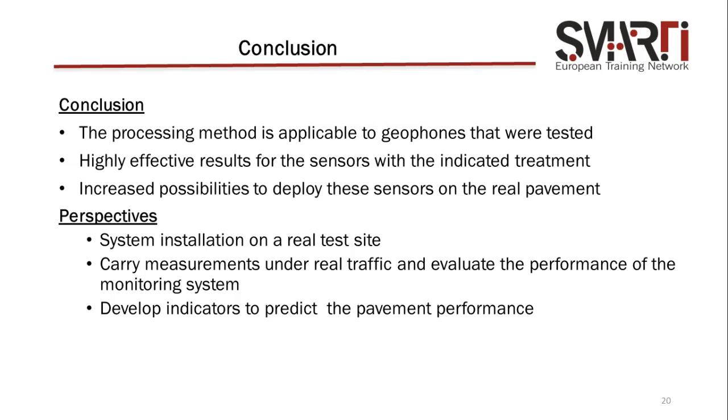The next step is to have a real test site, with these sensors embedded on a real road, to see how they perform, because we don't have a controlled environment there. We don't know the load or the parameters, and this is why it is important to see how it behaves in a real test site. This is the next objective of our study.